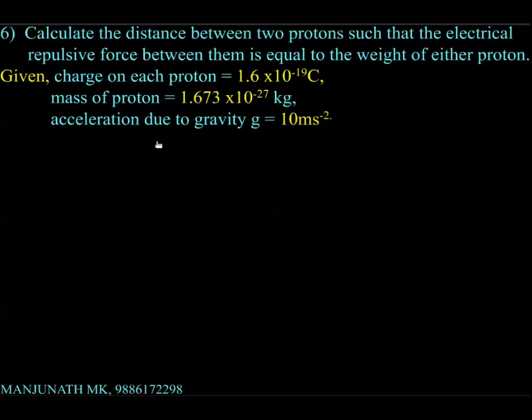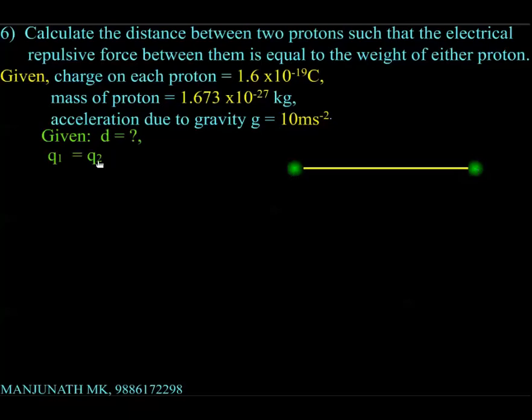Now let us understand the problem. There are two charges. These two charges are protons. Here it is given. And of course, the distance between them has to be calculated. Look here, calculate the distance between two protons. That is d is equal to what? Next, charge on this one is equal to charge on this one.